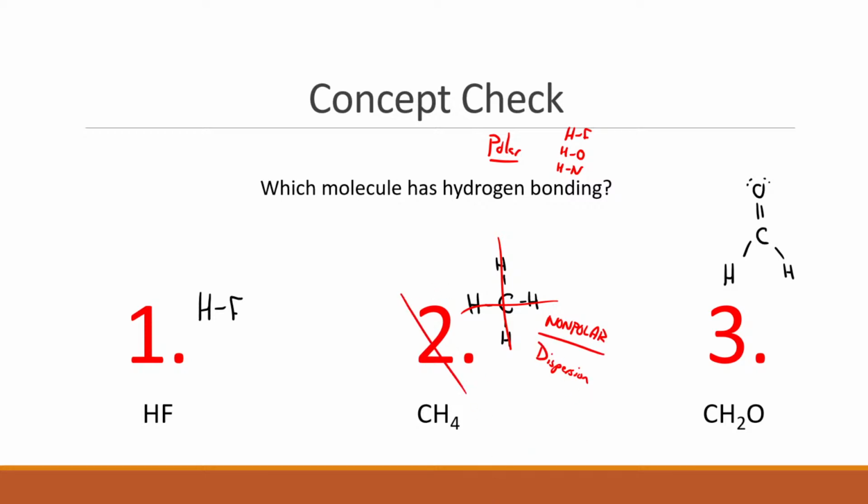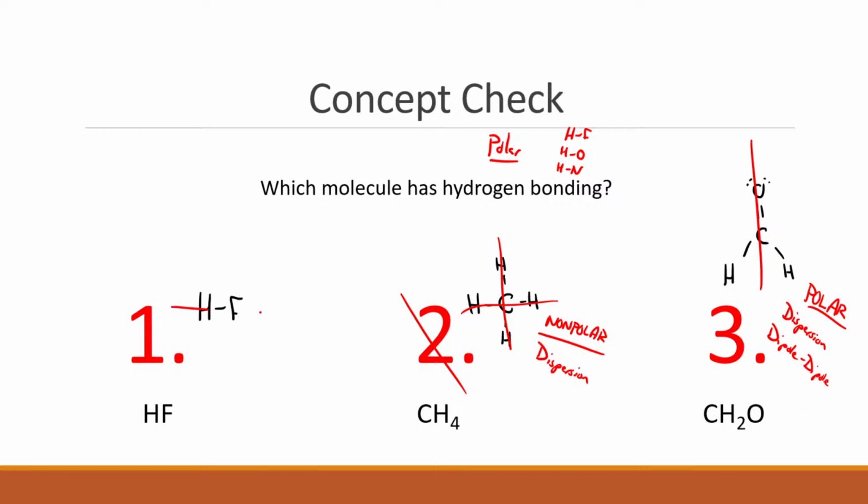So it's not choice 2. Choice 3 is a polar molecule, so that's on the right start, but it does not have HF, HO, or HN, which means it has dispersion forces and dipole-dipole forces, but not hydrogen bonding.